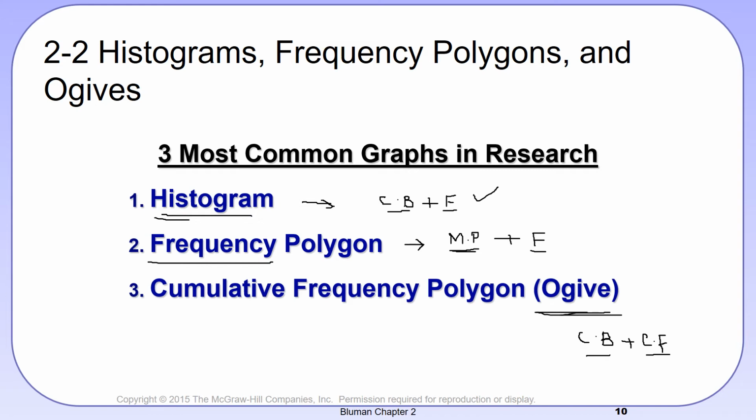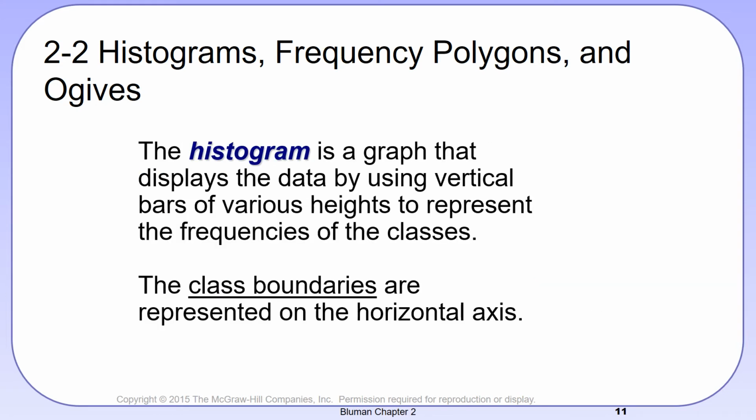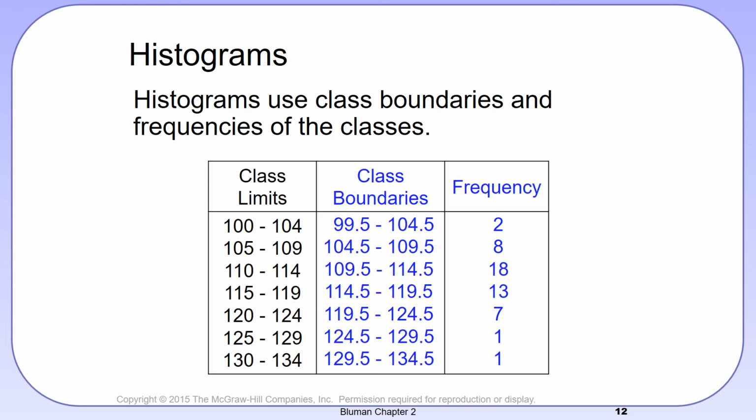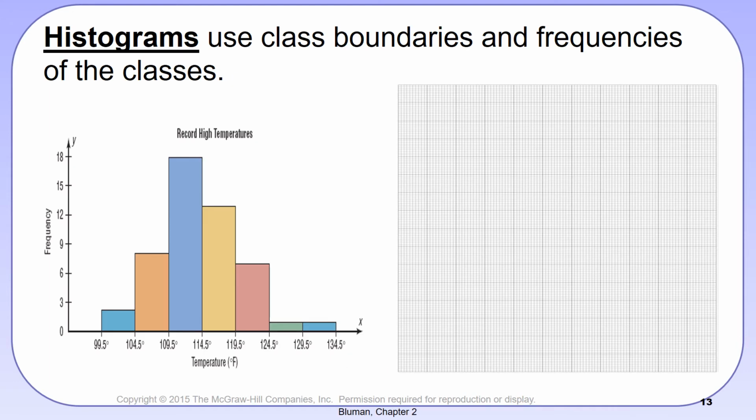First of all, we need to discuss how to draw the histogram. As we have already drawn this table in our previous slides, here will be the class limits. For the histogram, class boundaries and frequency are compulsory.